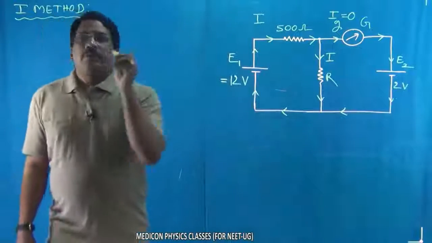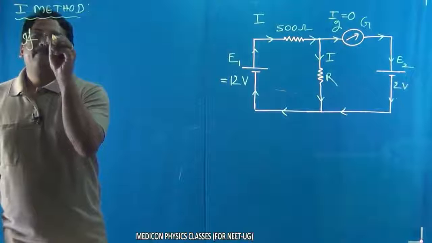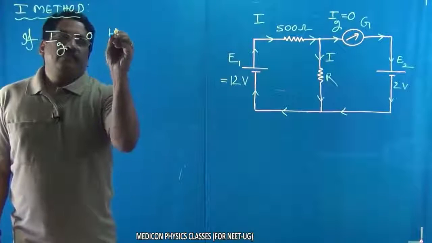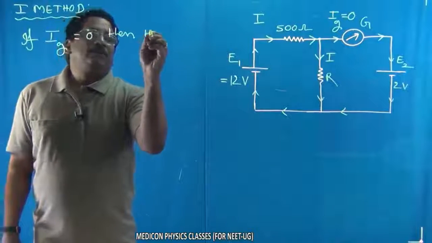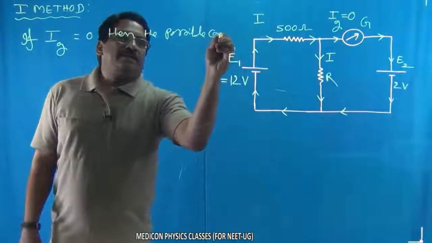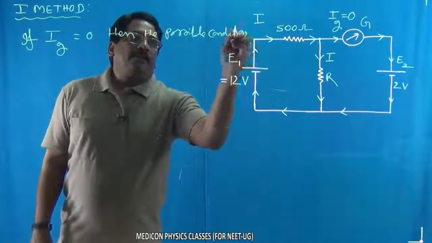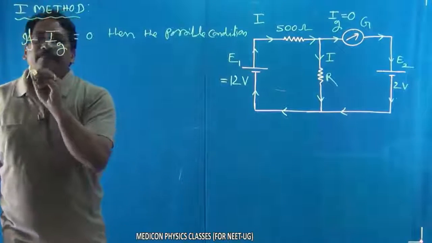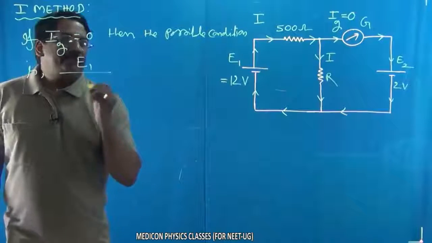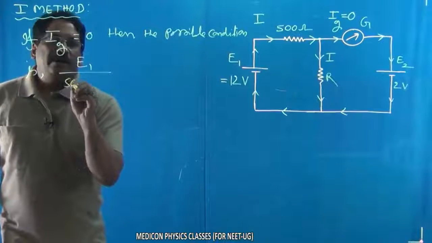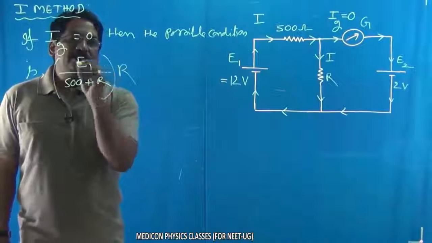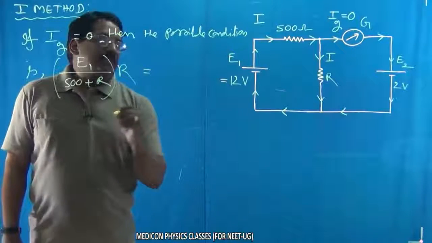So if Ig, the current through this galvanometer, is equal to 0, then the possible condition is E1 divided by 500 plus R into R. This is actually simply I into R, and this is equal to E2.